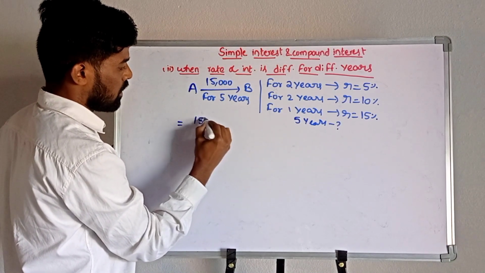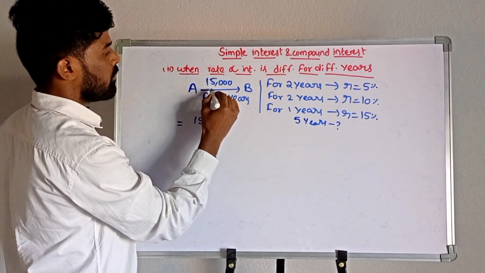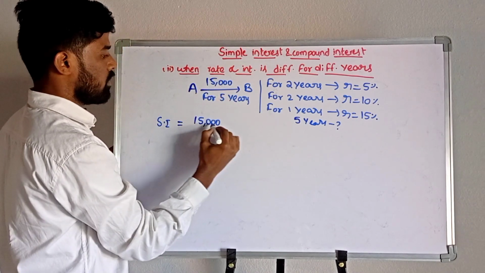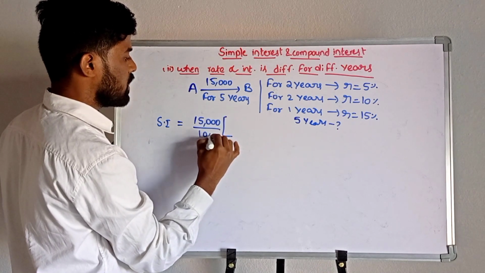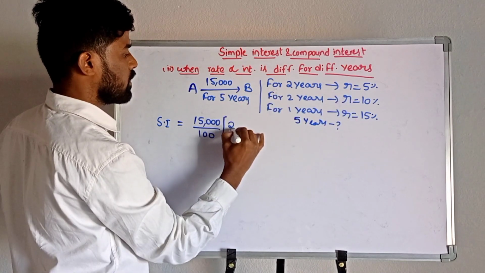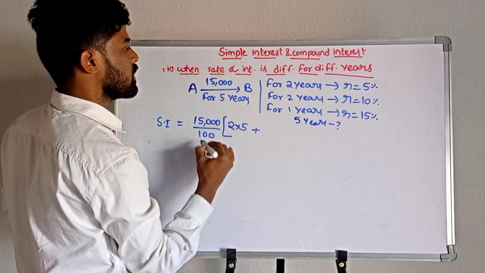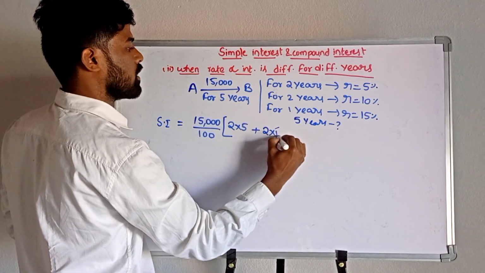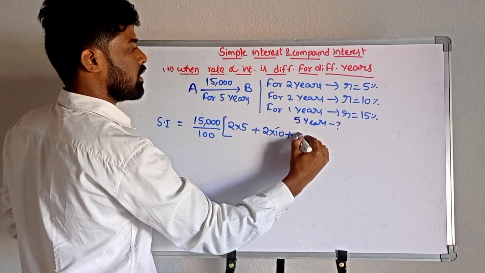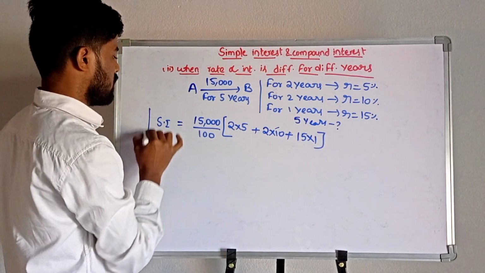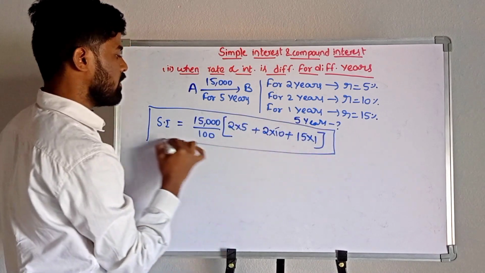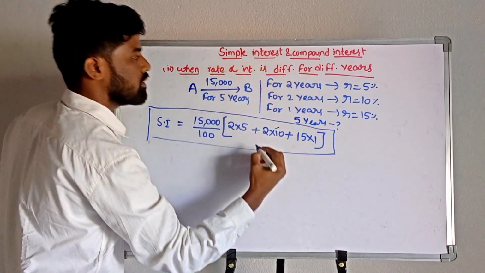We first calculate simple interest. 15,000 divided by 100 into 2 into 5 plus 2 into 10 plus 1 into 15. For this, we have a formula when rate of interest is different for different years.